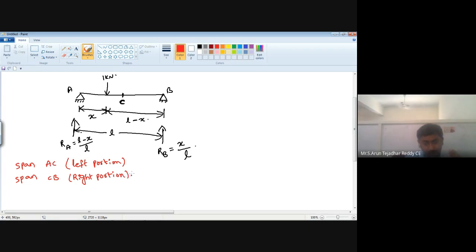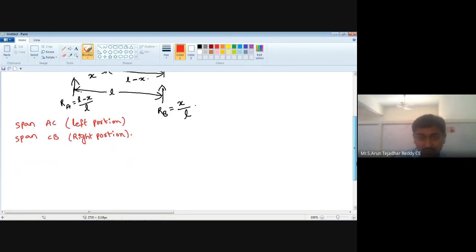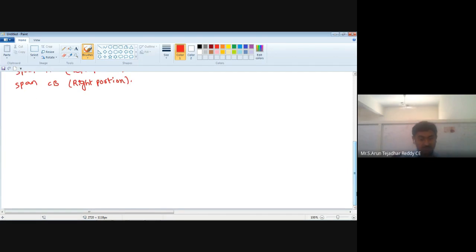Now, first of all, I will be considering the left portion. Based on that left portion, I can calculate my shear force at C. So again, draw a separate diagram here.